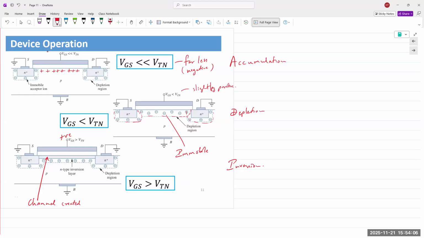Again, to put it in the simplest of terms, inside the p-type material you have two n-type regions on both sides. You're applying a positive voltage at the top to pull all the electrons up.